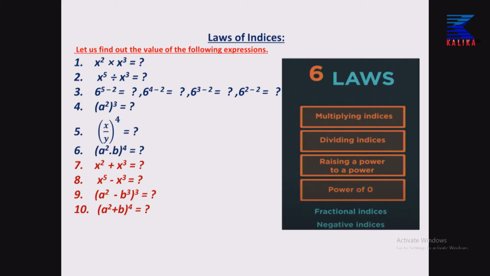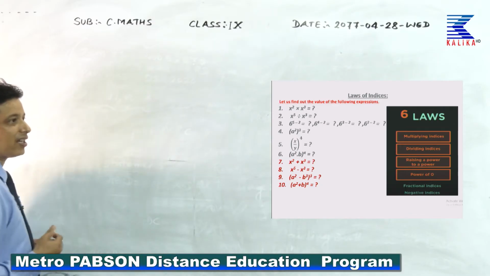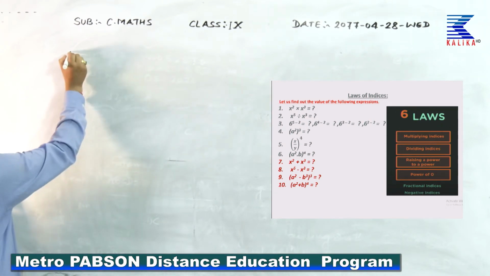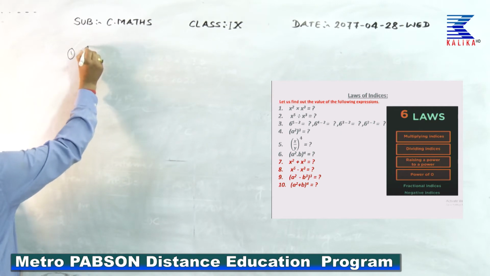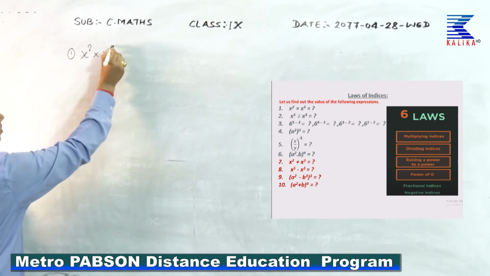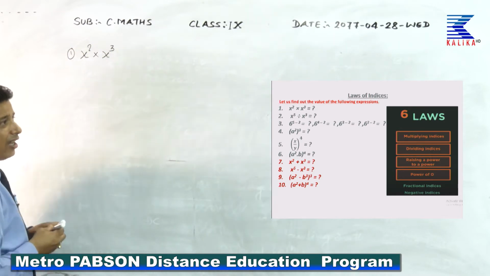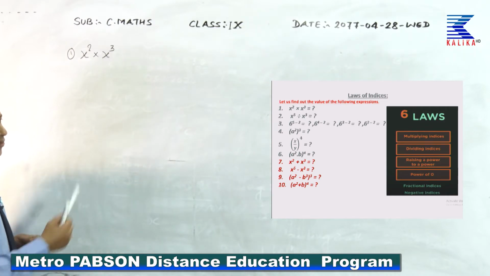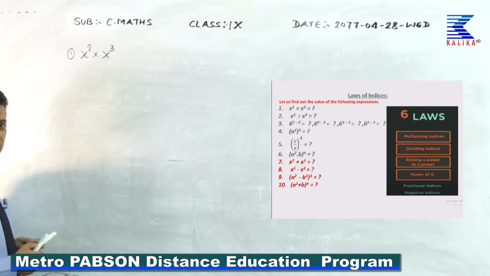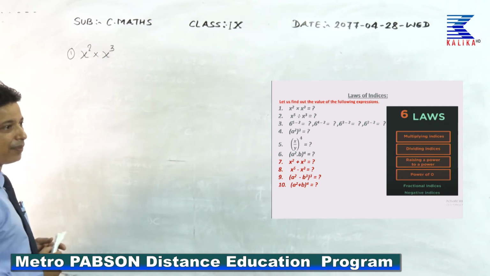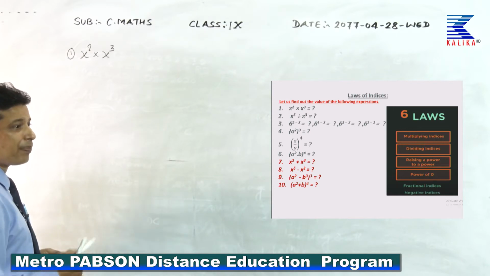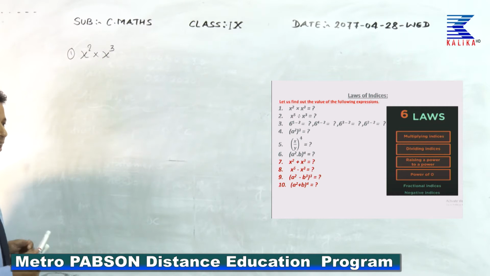Let us find out the value of the following expressions, dear student. First one, x square times x cube. On the side you can see some people define the laws of indices differently as 6 laws: multiplying indices, dividing indices, raising a power to a power, power of 0, fractional indices and negative indices.